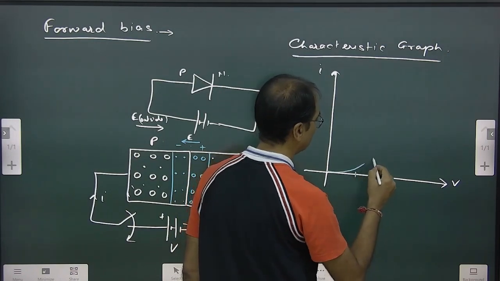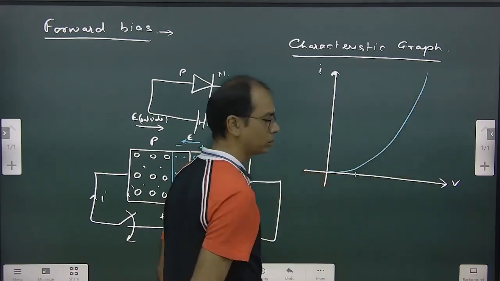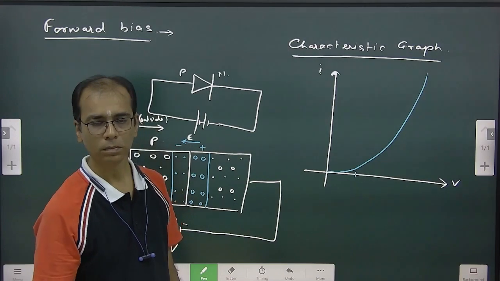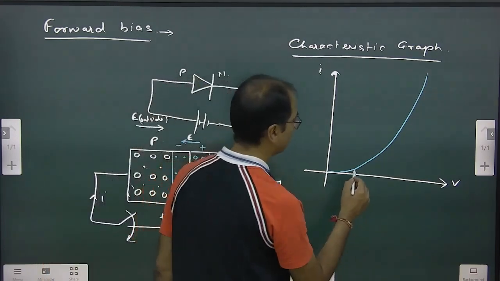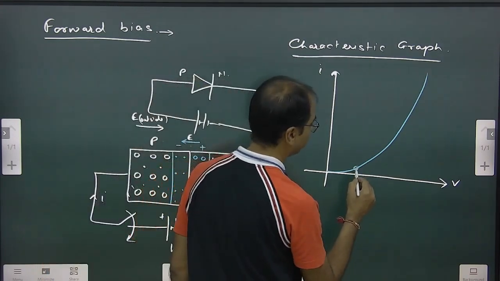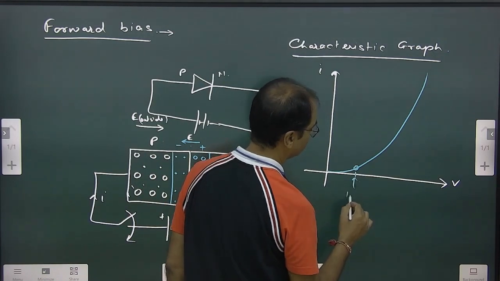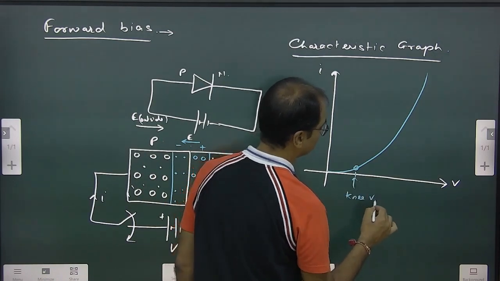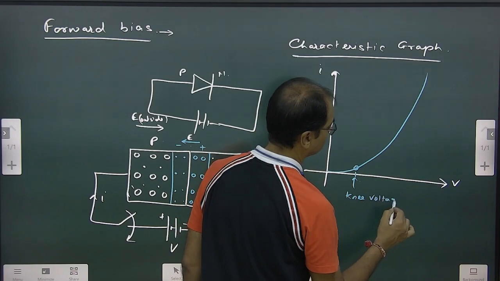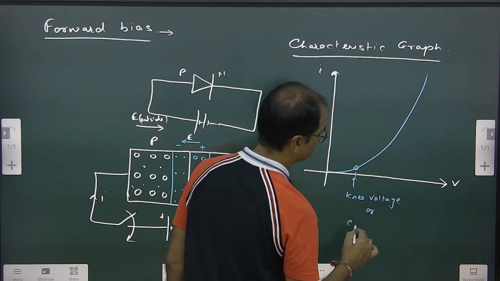After this, it goes like this. Here we can call it the cutoff voltage or knee voltage.